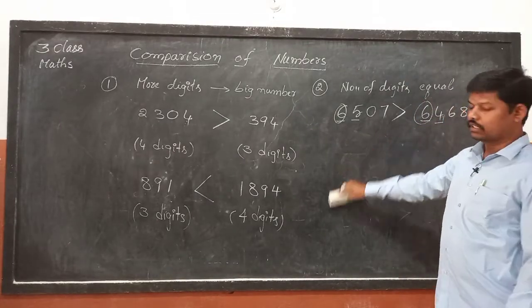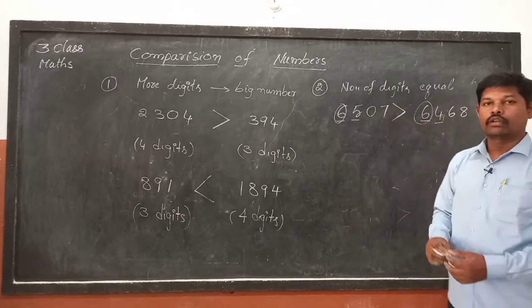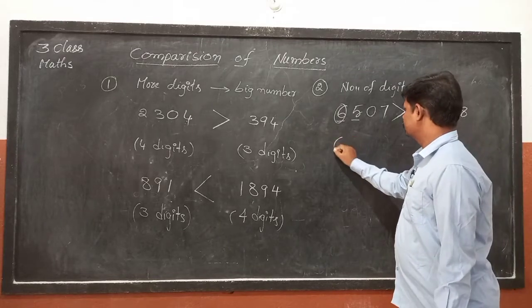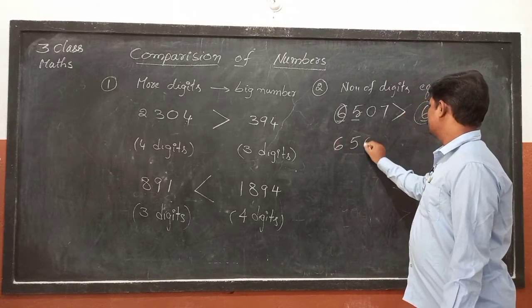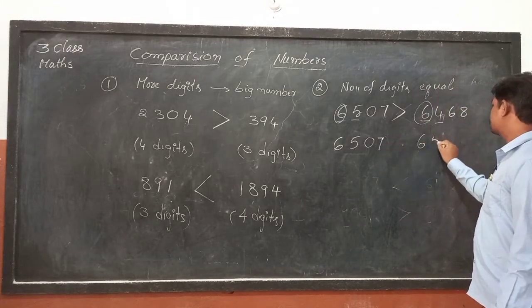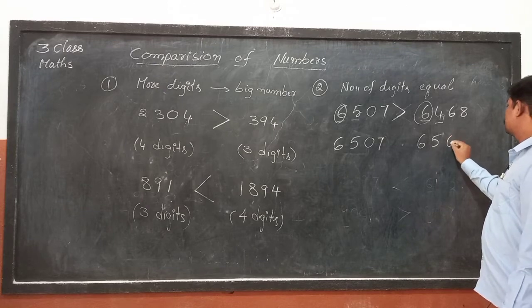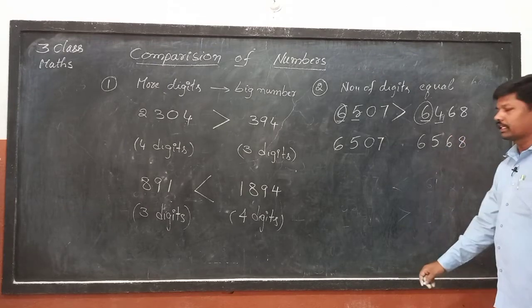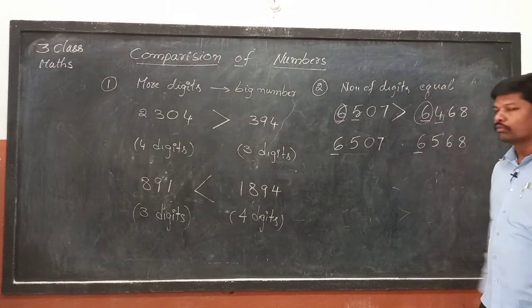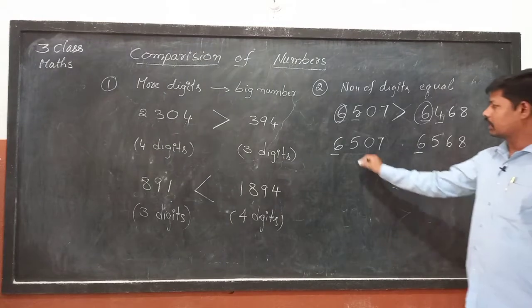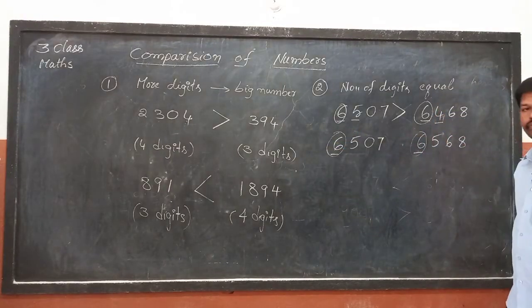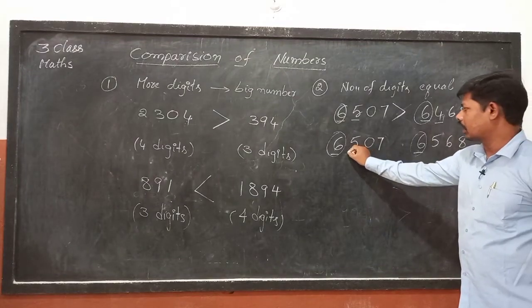For example, if the hundreds place also equal, what to do? 6, 5, 0, 7. So here 6, 5, 6, 8, for example, like that. So compare thousands place digit. Both are equal. Here thousands place 6, here also thousands place 6. Then next we have to compare hundreds place.